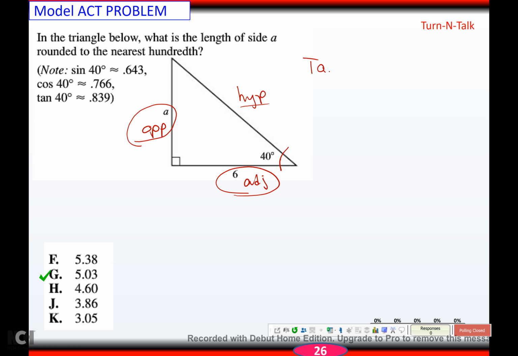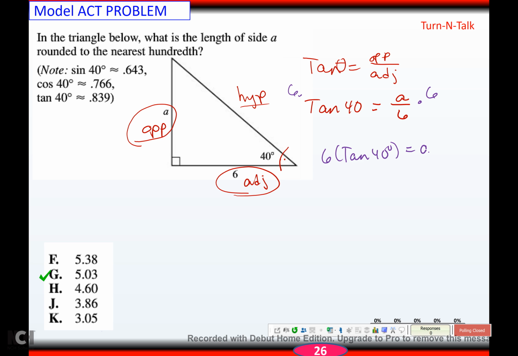That would be the tan function, because tangent is opposite over adjacent. So I'm going to set up tan 40, because I know the angle, is opposite, which is A, over adjacent, which is 6. So to get A alone, all I have to do is multiply by 6. So 6 times tangent 40 equals A.